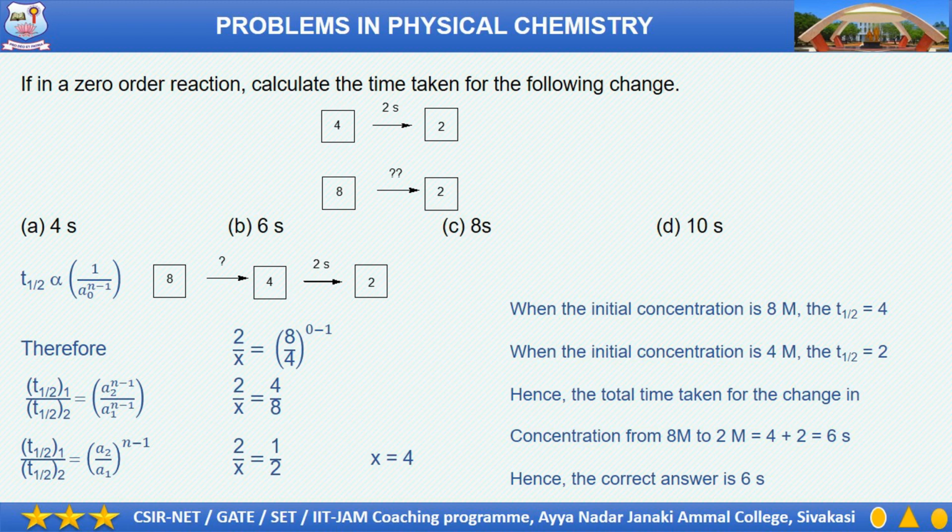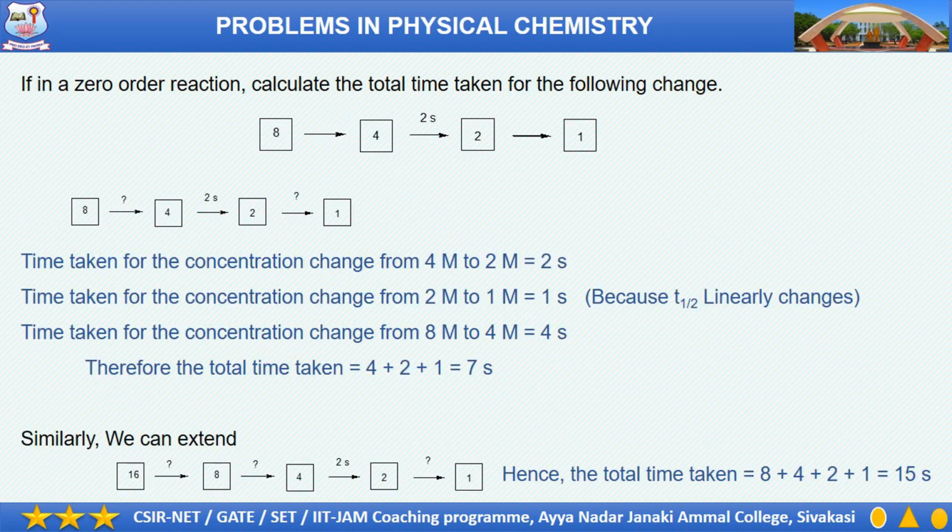Now I am extending the problem in this way. Tell me what is the total time taken? What is the total time taken? It is also simple. If 4 to 2 takes 2 seconds, then to convert 2 concentration to 1 concentration, the concentration is 2 times a decrease.